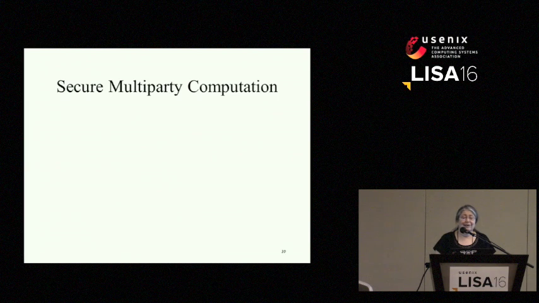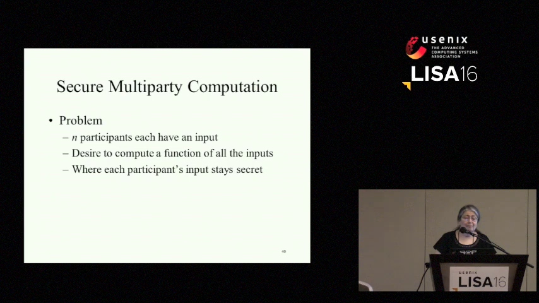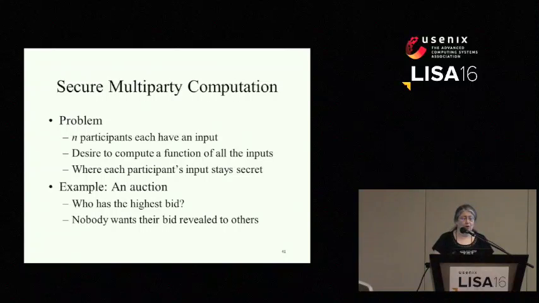Anyway, keeping that in mind, secure multi-party computation: there are so many papers about this. The problem they're solving is that n participants each have an input, and they want to compute a function of all of those inputs, but each participant wants their own input to stay secret, even though it's used in the computation. An example of this is an auction, where everyone has a bid, but you don't want anyone else to see your bid, and the function you want to compute is the winning bid.